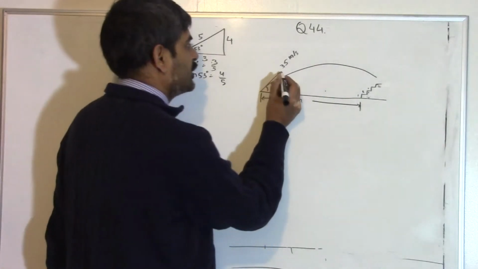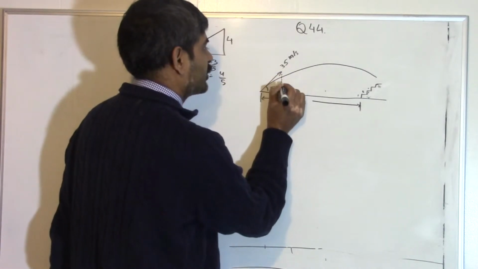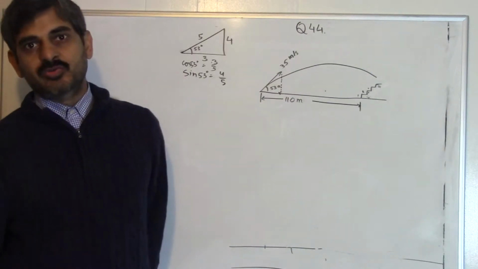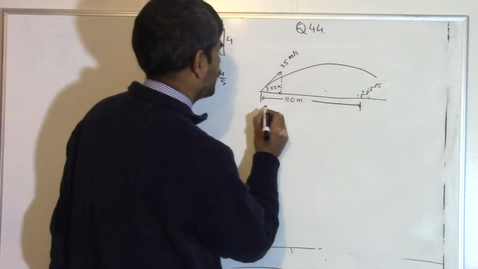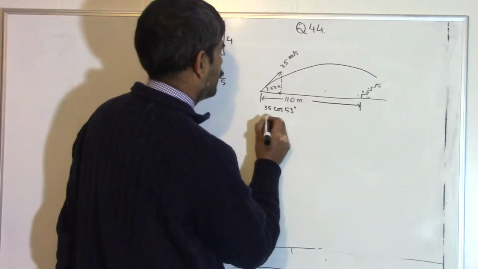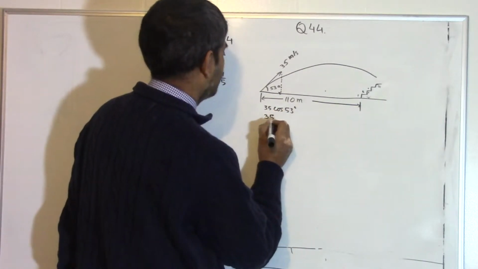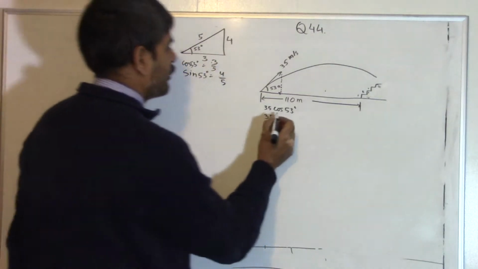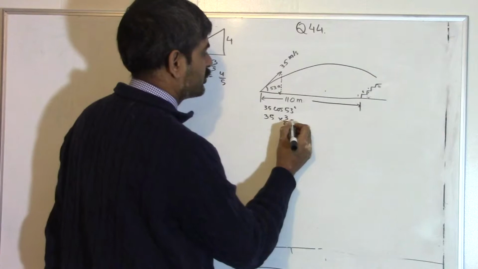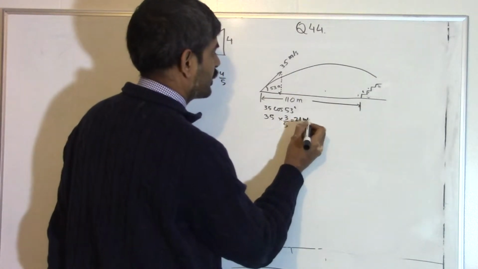Now this velocity has a horizontal component, which will be 35 cos 53 degree. And cos 53 degree is 3 by 5. So 7 into 3 is 21 meter per second.